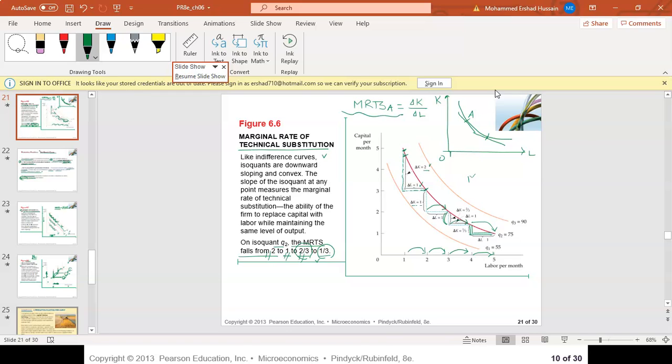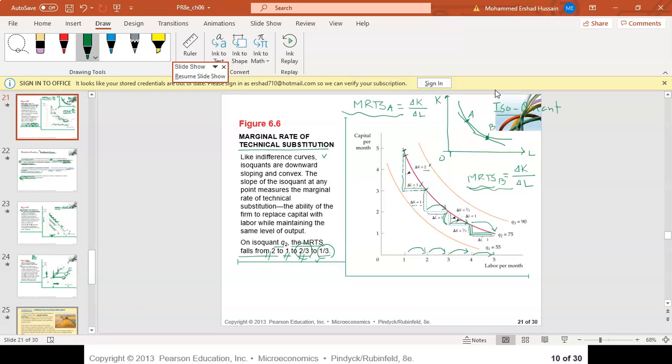Now what about MRTS at B? At B it will be delta K again and delta L, right? And you see the slope is flatter. MRTS at B is smaller than MRTS at A. For this is the normal shape of isoquant, right?